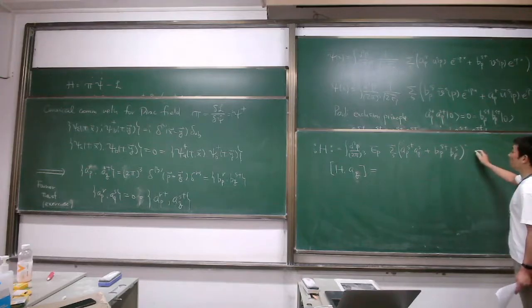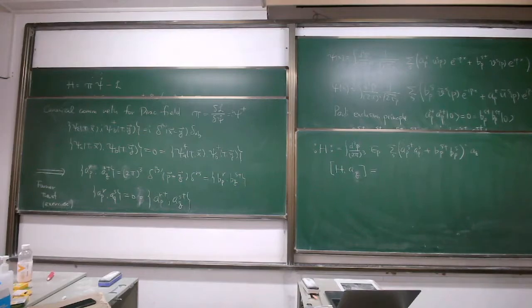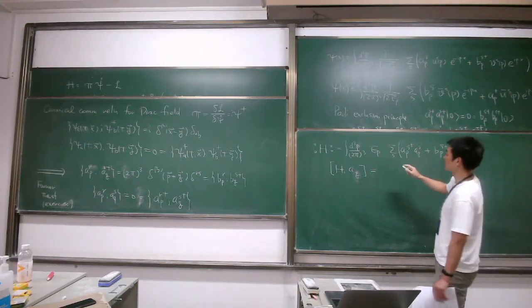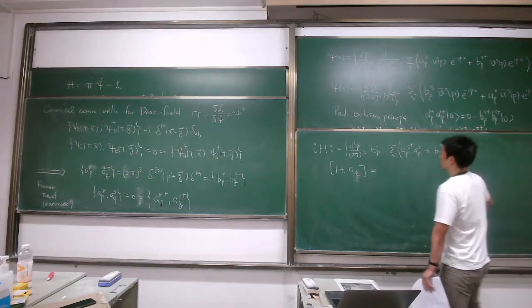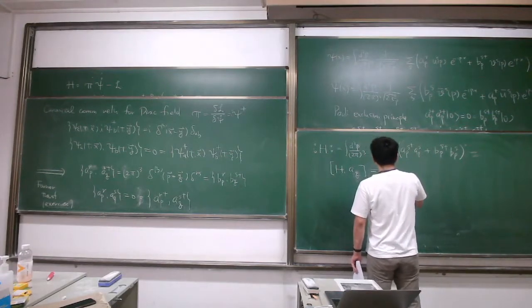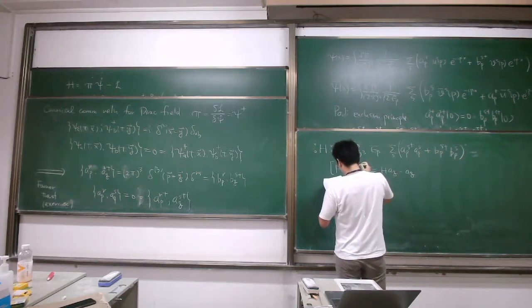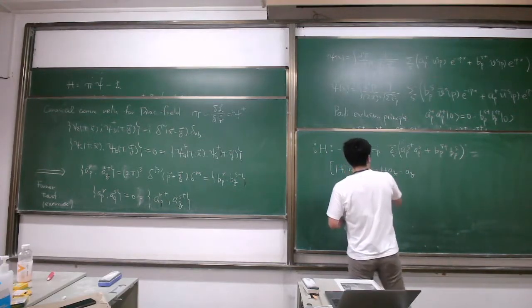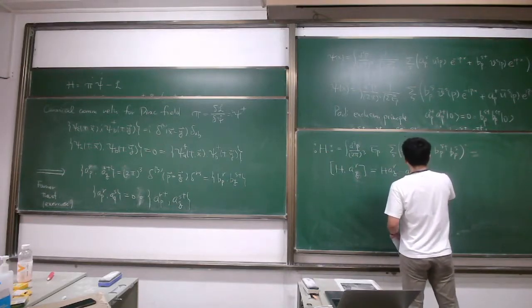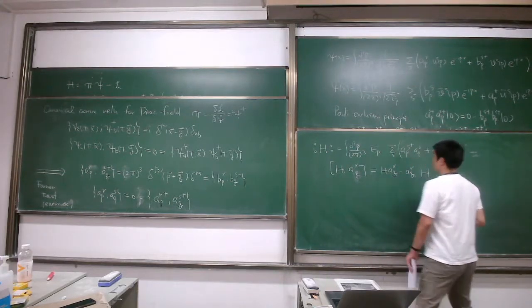If you impose A_Q, from the left, and on the other hand, this one is equal to H A_Q minus A_Q H. Oh, sorry, I think I should put R this way.